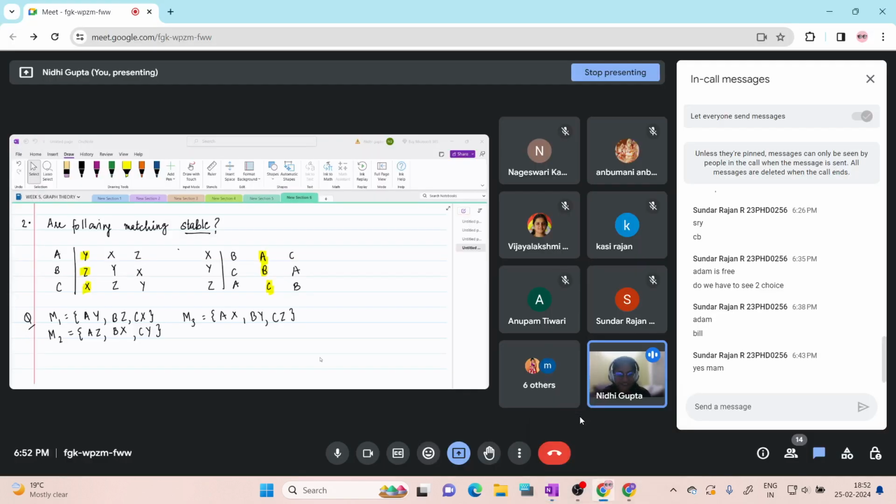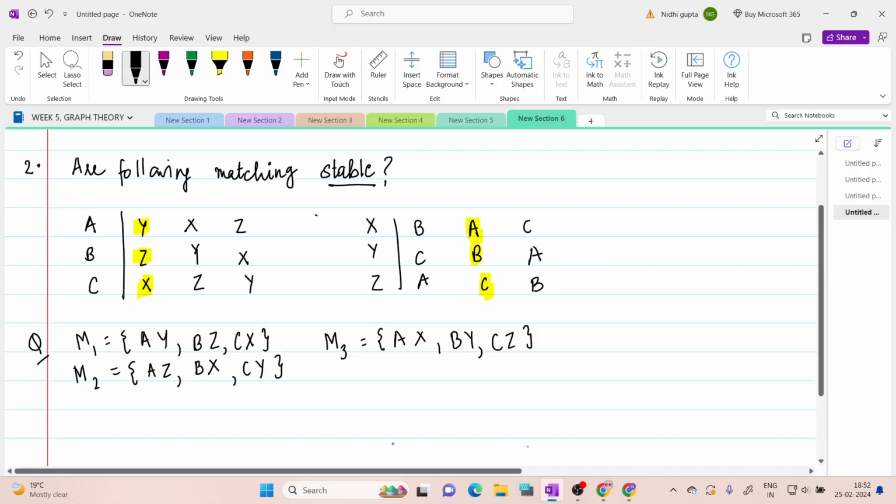If it is stable, that means it does not have any blocking pairs. To say it has a blocking pair, there should be a pair in which both will be happy with this new choice. In this case, A, B, and C are all getting their first preferences.